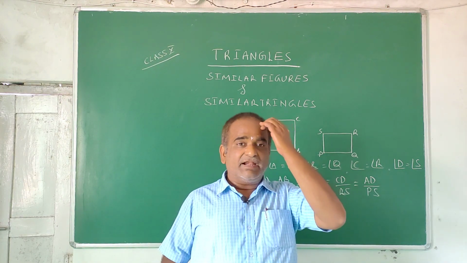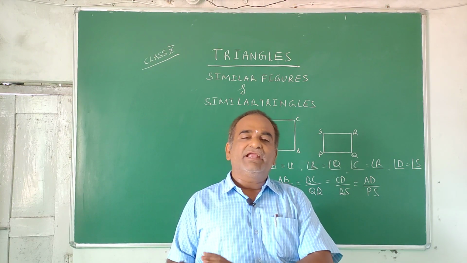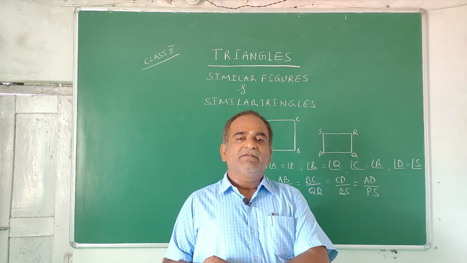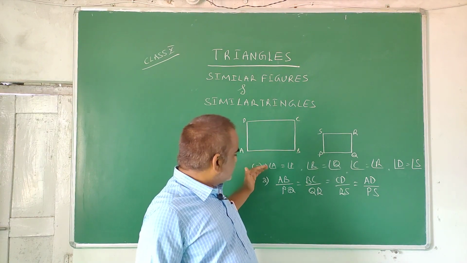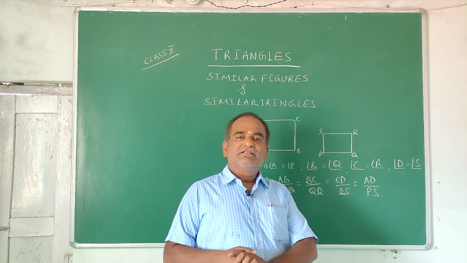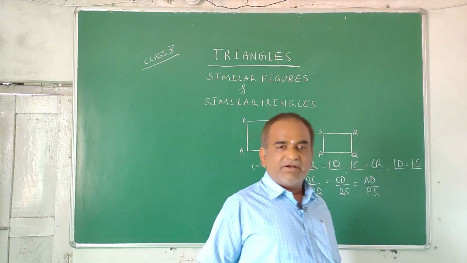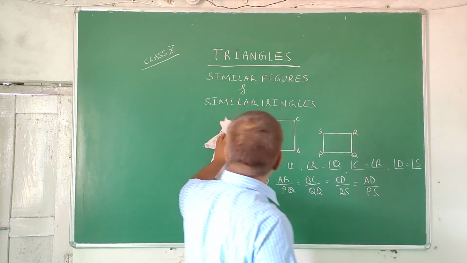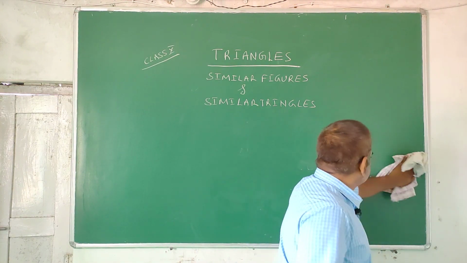Not only quadrilaterals, any two polygons with the same number of sides will be similar if and only if these two conditions are satisfied. Did you understand? Now coming to the next point, similarity of triangles.